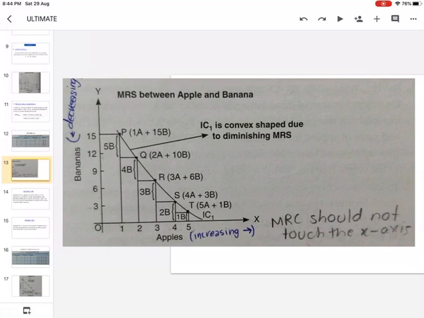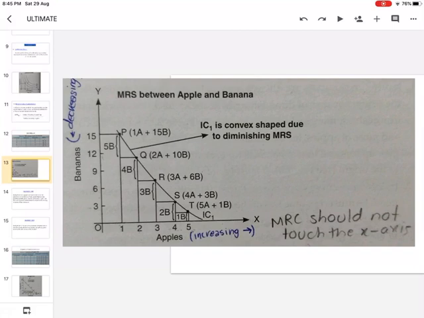And if you remember the 2 properties of indifference curve, one is that it is convex to the origin, the other is that it's downward sloping. Both of these characteristics come about because of this speciality of diminishing marginal rate of substitution.